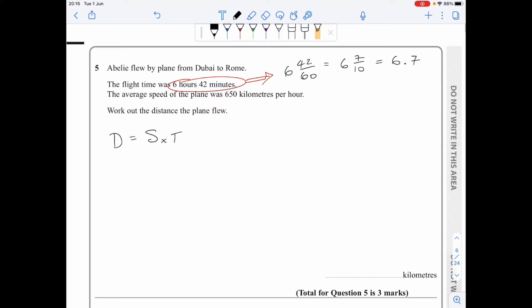So my distance is equal to 650 times 6 and 42 over 60. Be careful when entering this on the calculator. So if you do put it in the calculator correctly, you will get 43.55 kilometers.